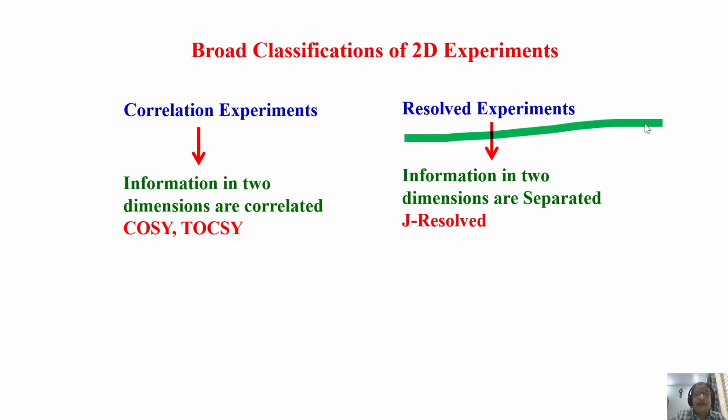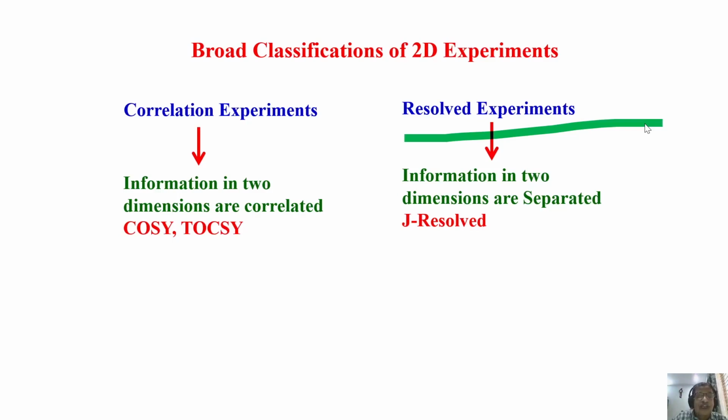I can get the chemical shift in this dimension and pull out the J coupling in this dimension. Then what happened? I have greatly simplified the spectrum. These are called resolved type experiments. A simple example is J-resolved, where I can retain proton chemical shifts here and get only J couplings here. I separate out 2 pieces of information in 2 dimensions. So this is another class of experiments called resolved type experiments.